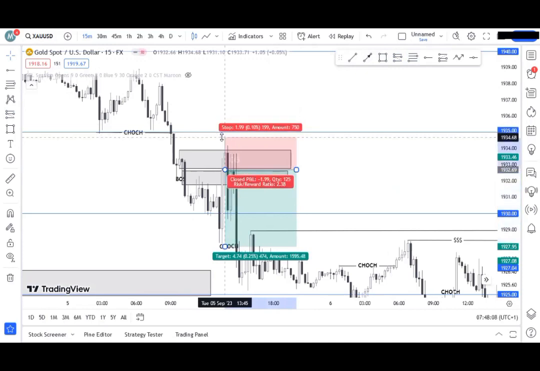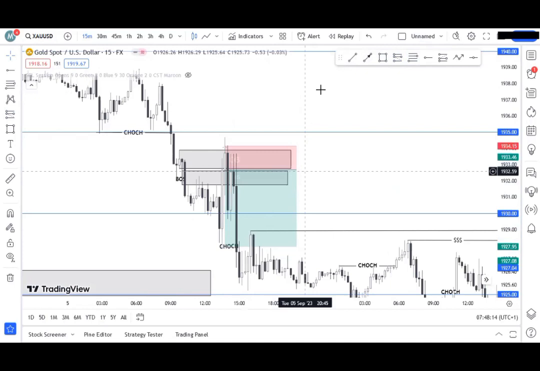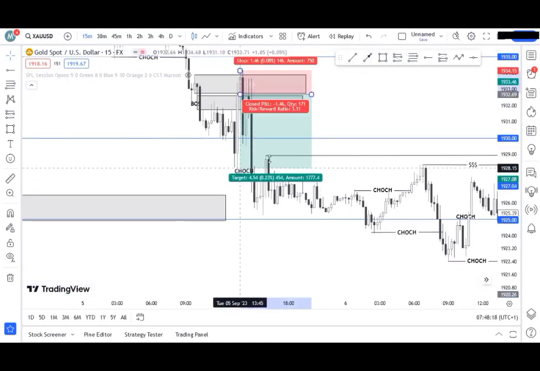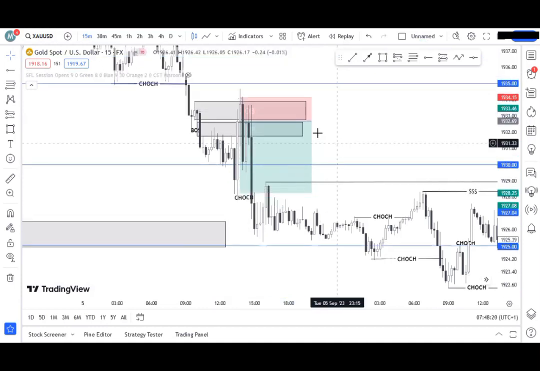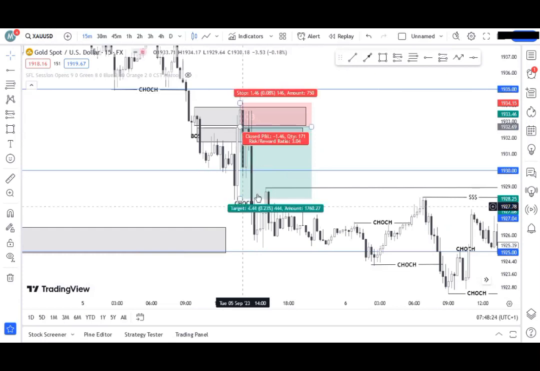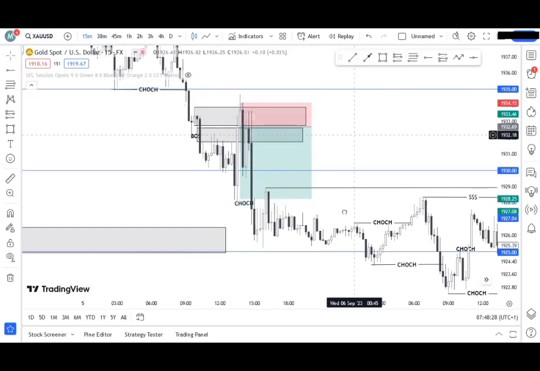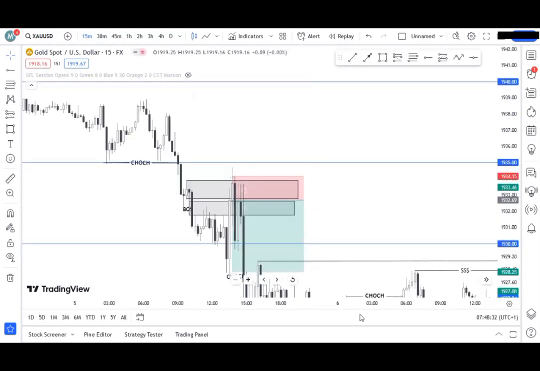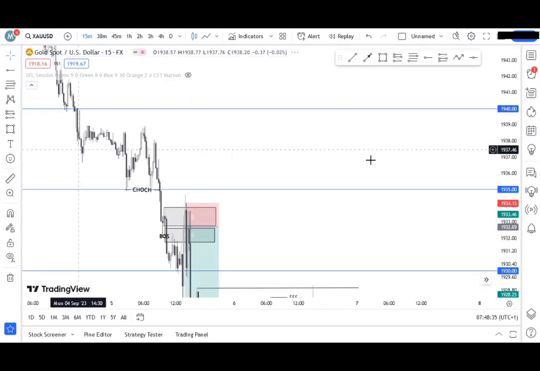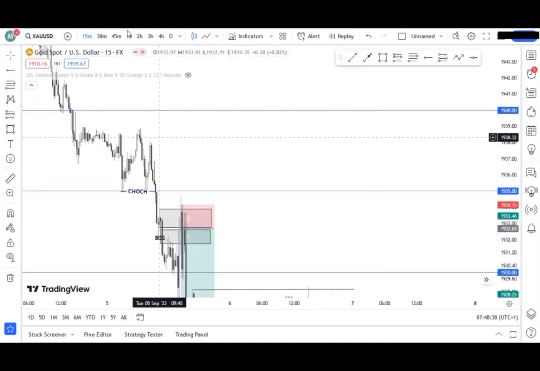Either way, I would have gotten stopped out soon. I think I would have tightened somewhere here. This would have been the setup we would have been looking for here. I would target here. Here you guys see, it took us out and still went in our initial, intended direction. That's the concept behind order block and fair value gap trading strategy.